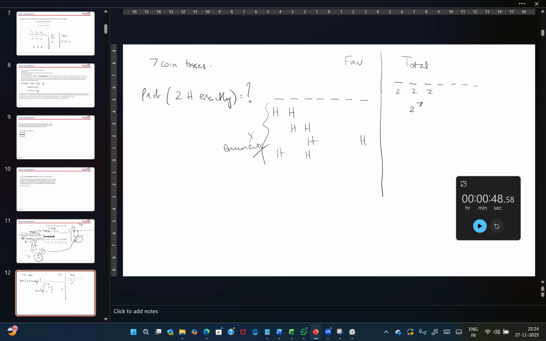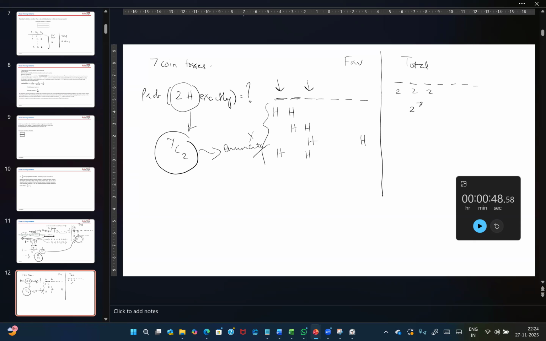Which means all they're saying is fix 2 heads out of these 7 places. Hence 7C2 are the number of combinations possible of having 2 heads anywhere in a series of 7 coin tosses. 7C2 ways, which means any 2 places you take and fix them.